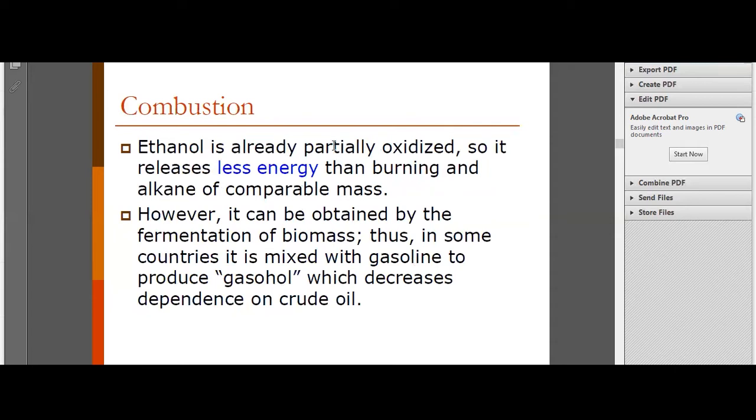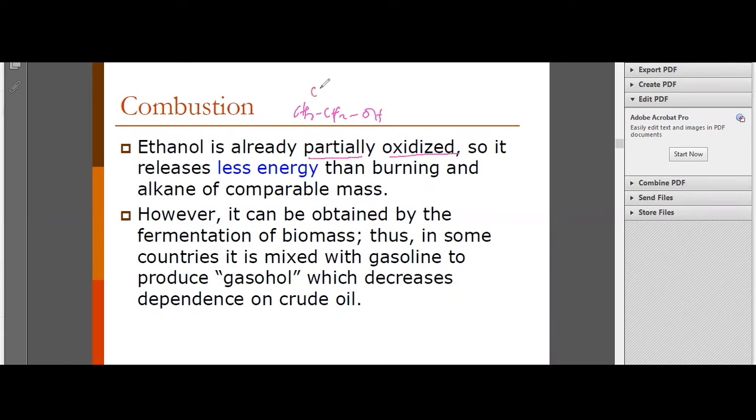But ethanol and any other alcohols are in the condition that we call partially oxidized. You know that ethanol already has oxygen in its structure, so it is said that ethanol is already partially oxidized.